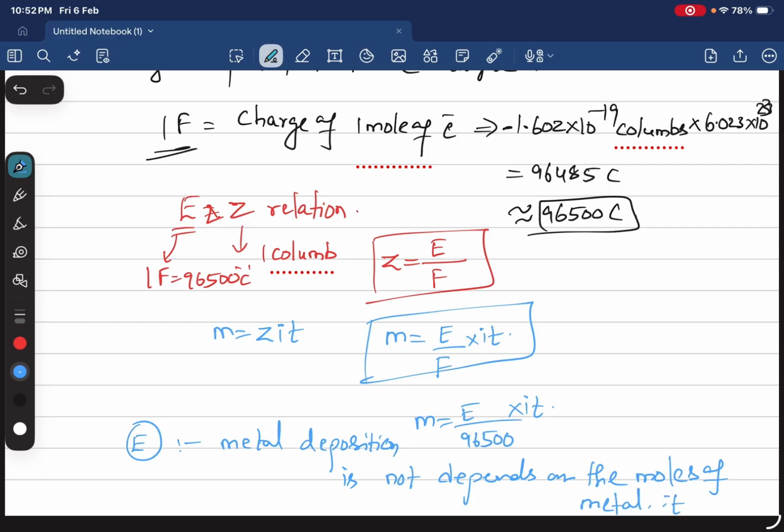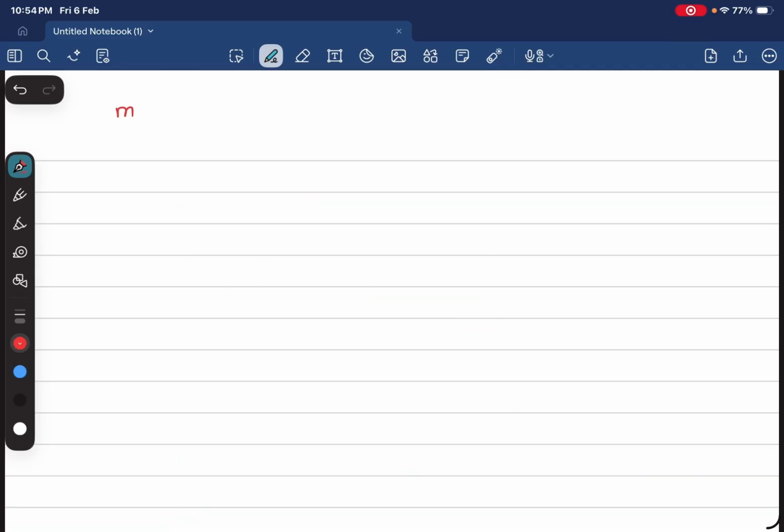It depends on the number of electrons passed to the solution, meaning charge passed. So E equals molecular mass by N factor. This can be substituted in M equals ZIT.